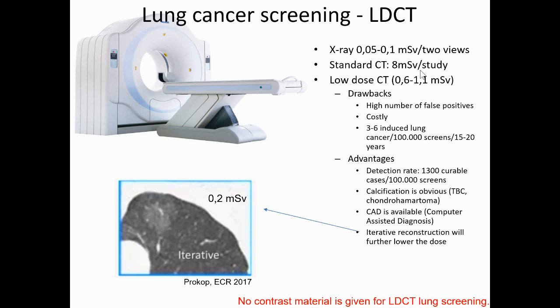It's costly, and it induces a lot of false positives because a lot of nodules might be in the lungs because a patient had pneumonia and that's how the pneumonia healed. So that's why a lot of false positives are generated.